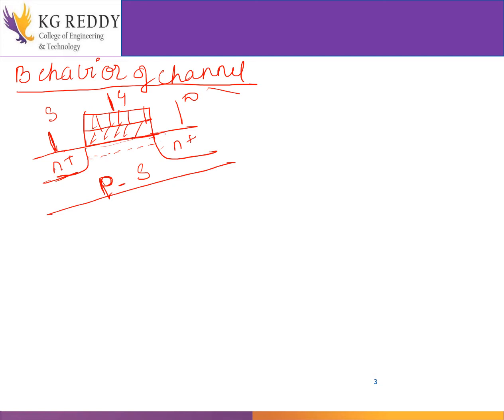So here we will be looking into two cases. First is case 1. Case 1 is that VGS is greater than VTH, but Vs and Vd are equal to 0.